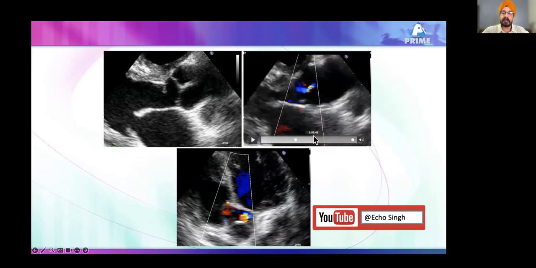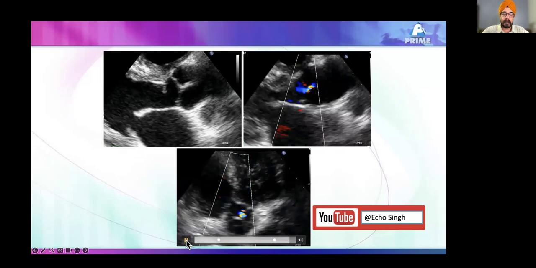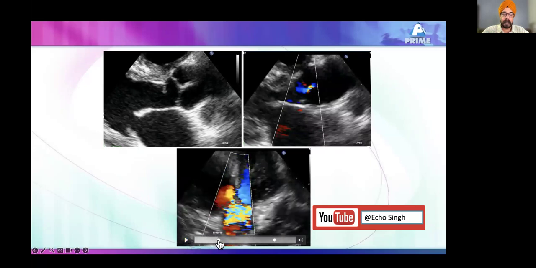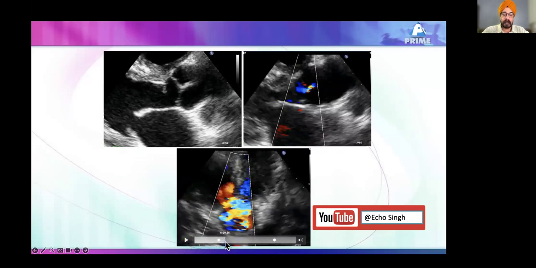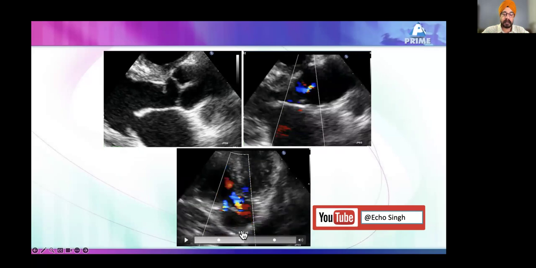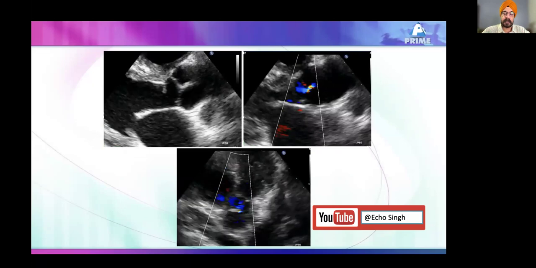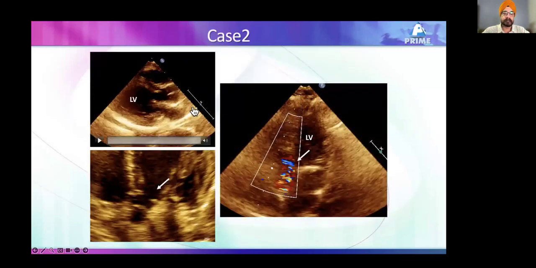Aortic regurgitation is starting from here. PISA was here. Again, in this example, you see the PISA of the aortic membrane is here, while the regurgitation is happening here. This is the membrane. This discrepancy really helps you to make an assessment of a subaortic membrane.